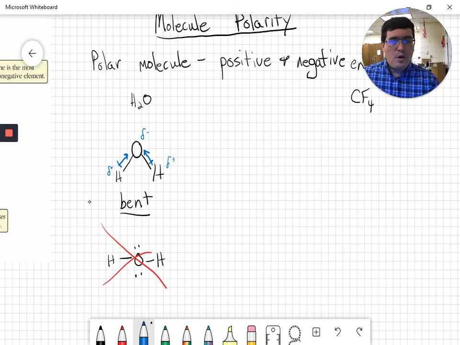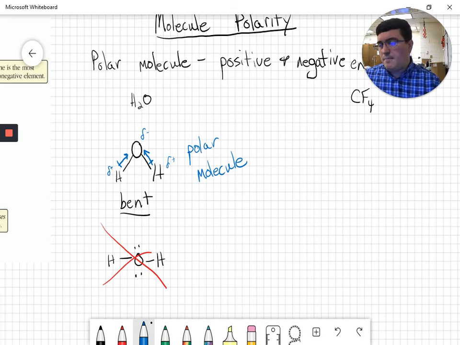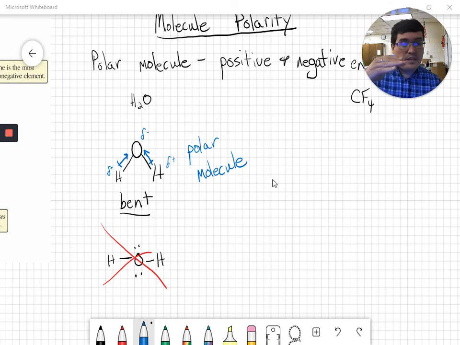Up at the top, we've got a negative. Down at the bottom, we have positives. So right here, this is definitely a polar molecule because it's got a negative end and a positive end. Negative and positive. All right? Easy enough. So that's what a polar molecule is going to look like. You're going to have a negative end and a positive end. It has to be done in the shape.